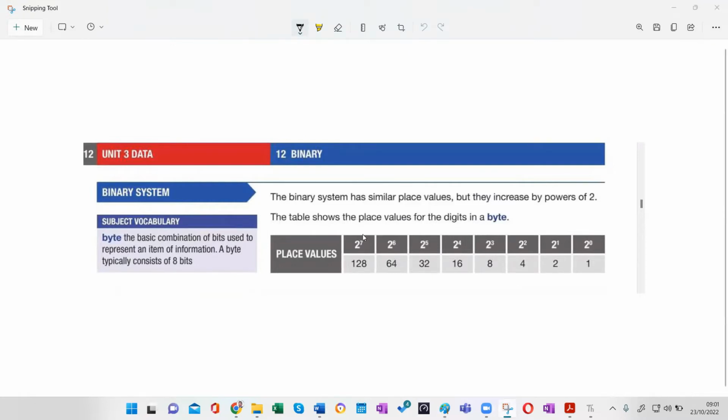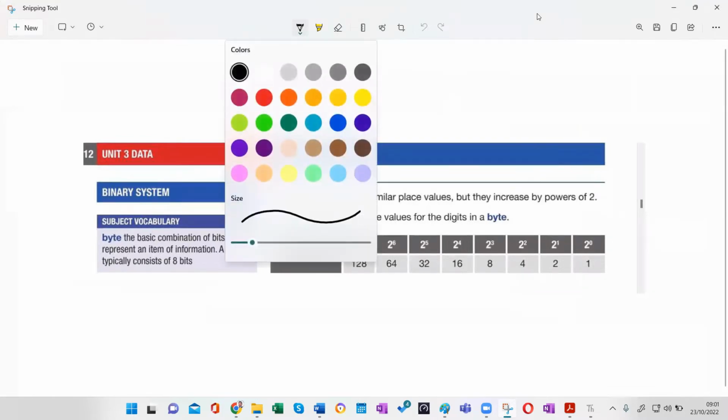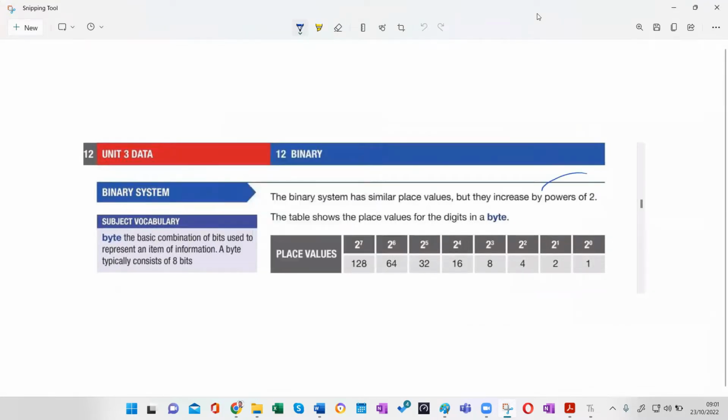Right, in the binary number system, it goes as powers of 2. If you want me to explain again, let me know. Okay, powers of 2. Now take a byte. In a byte, how many bits are there?